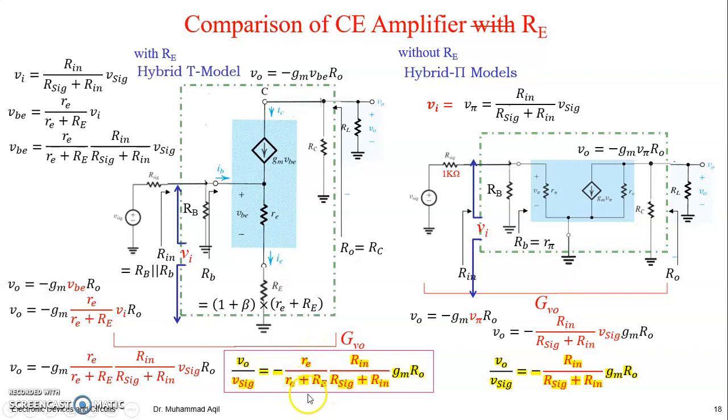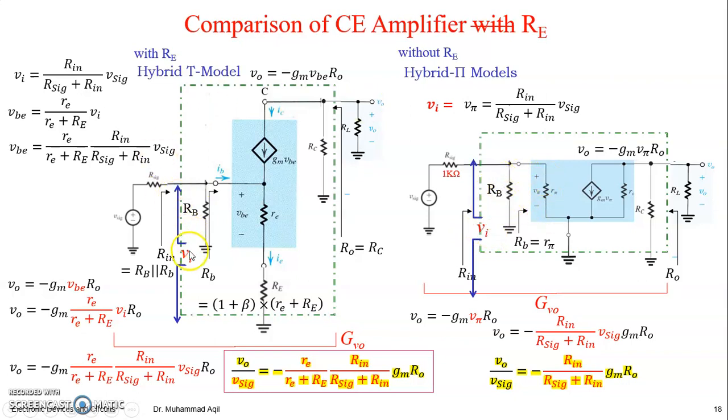And this factor is representing the part of Vi at the base of the transistor. Here Vi is not further divided, and it appears the same as V pi because these two resistances are in parallel.